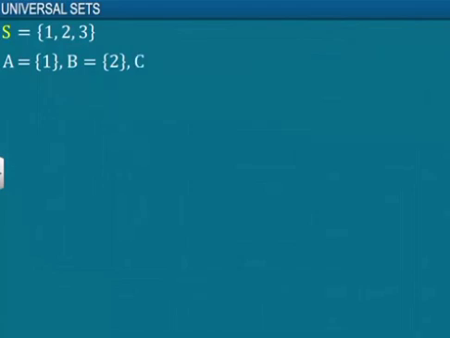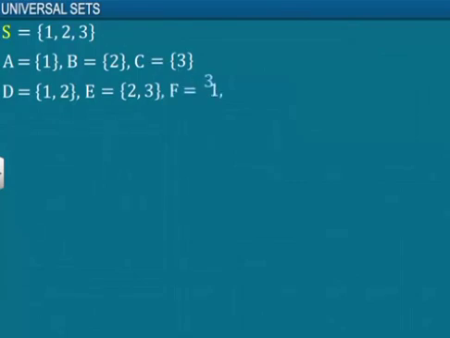Taking two elements at a time, we have these sets. Taking three elements at a time, we get this set. Taking 0 elements at a time, we get a null set. All these sets are the subsets of set S.